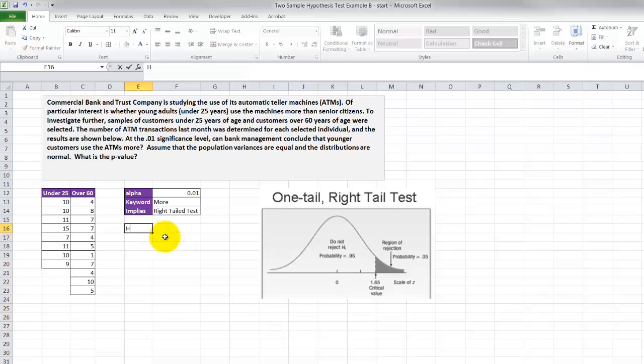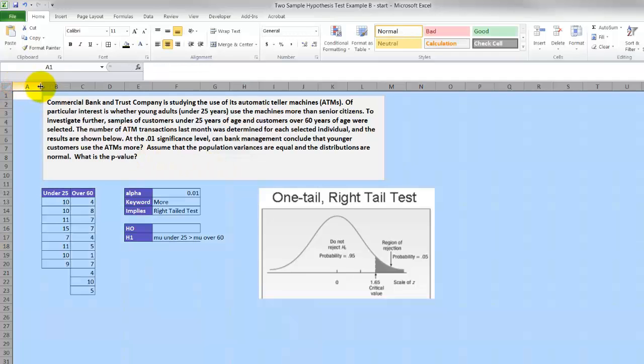The null and alternative can be written now. Since we've decided on a right-tailed test, we know that the inequality is going to be a greater than. Okay, so we want to know if mu under 25 is greater than mu over 60.